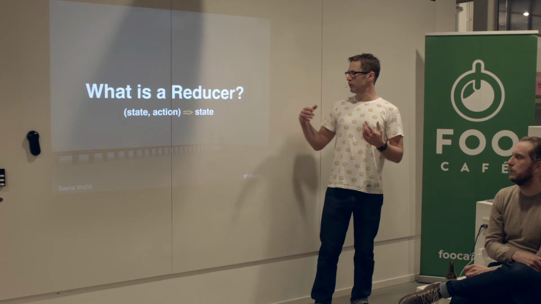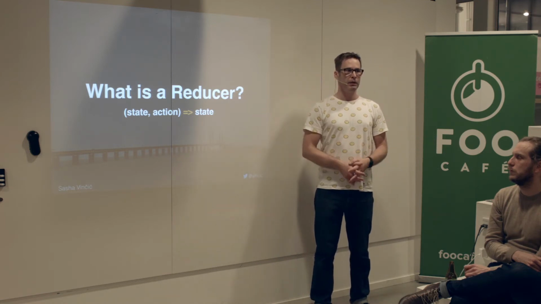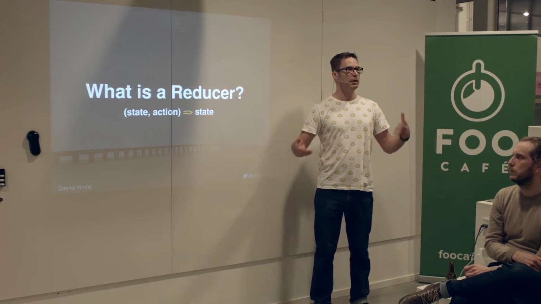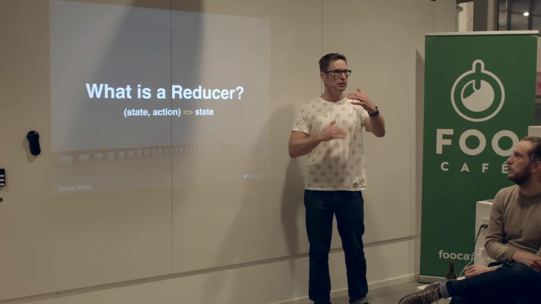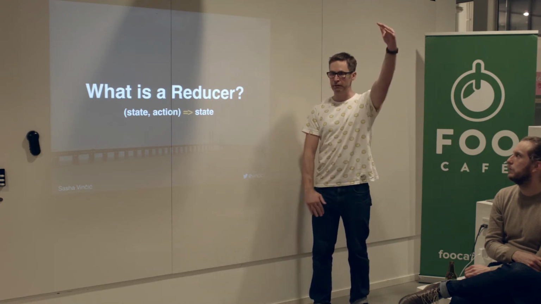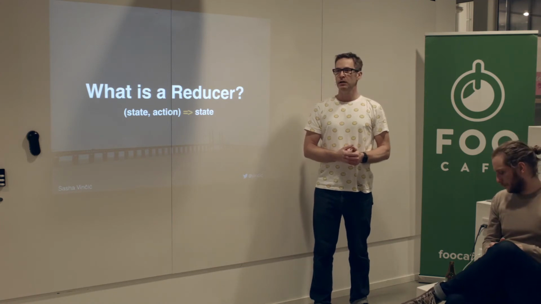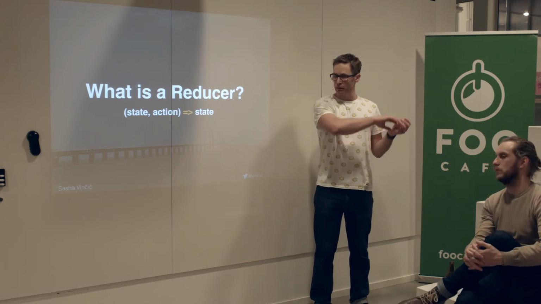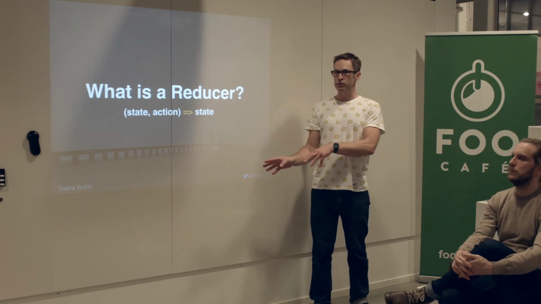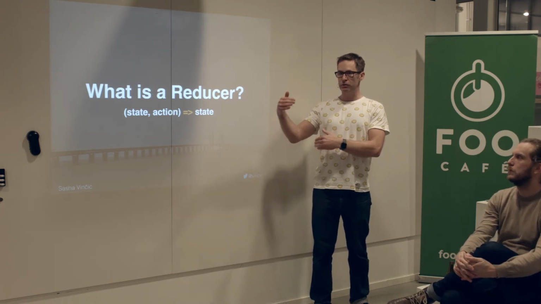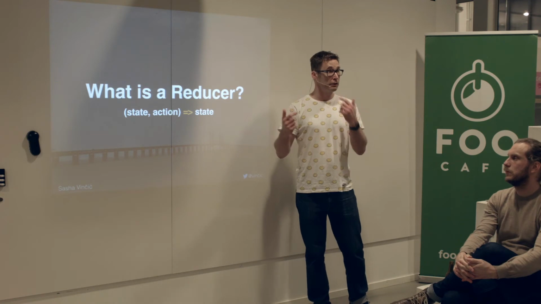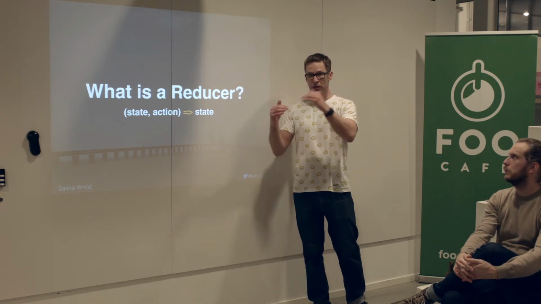And what you do when you build your application, as it becomes bigger and bigger, you divide your reducers into smaller reducers instead of having one reducer for your whole application. But all the actions are sent to all the reducers. So all reducers can handle all actions if they want, but usually what you do is you divide them.